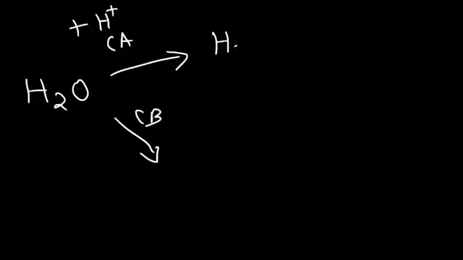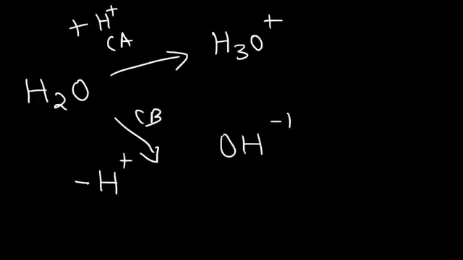So this is going to turn into H3O plus. The charge increases from 0 to 1. Now, whenever you want to write the conjugate base of something, take away a hydrogen and decrease the charge by 1. So instead of having 2 hydrogens, we now have 1, and the charge is going to decrease from 0 to -1. So the conjugate base of water is hydroxide. The conjugate acid is H3O+.